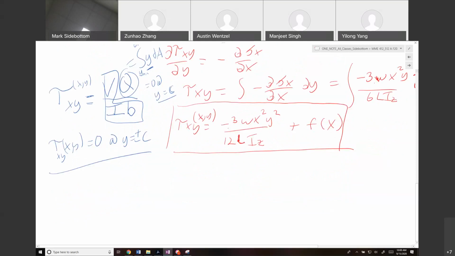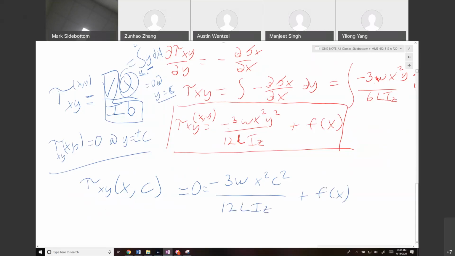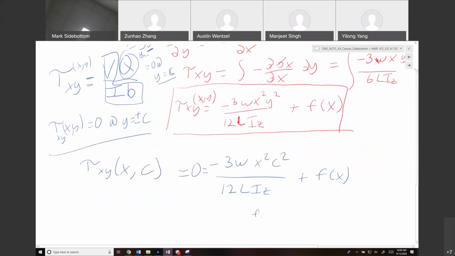So in this case, at y equal to c, tau xy is equal to 0. We can say minus 3w x squared times c squared over 12L Iz plus f of x would have to be equal to 0. So f of x would be equal to 3w x squared c squared divided by 12L times Iz.